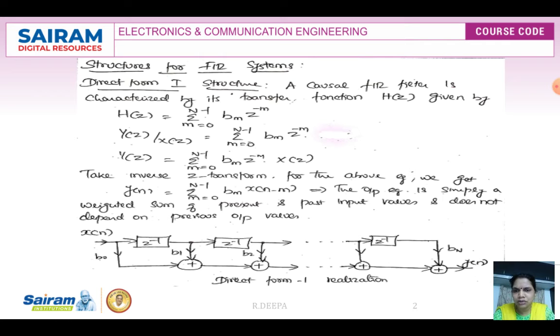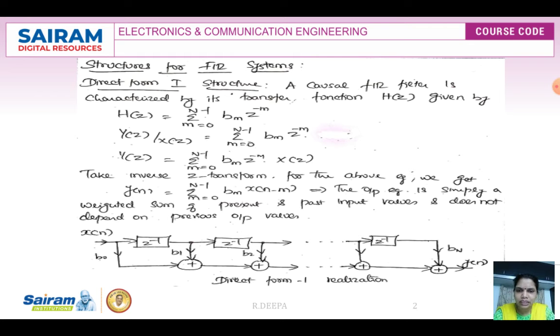As I told, this output equation is the weighted sum of present and past inputs. So we'll start with x of n multiplied with b0, which will be given to a summation point, and this x of n I am going to give to a delay element. If you give it to a delay element, you will be getting x of n minus 1, which will be multiplied with b1, and it is given to the summation block down.